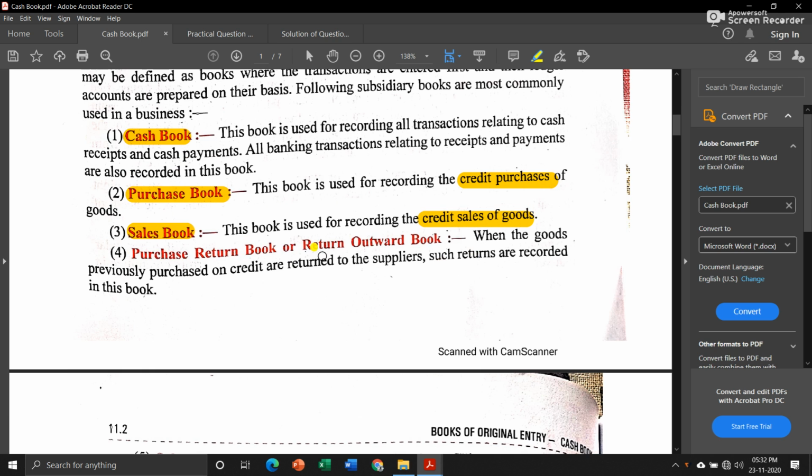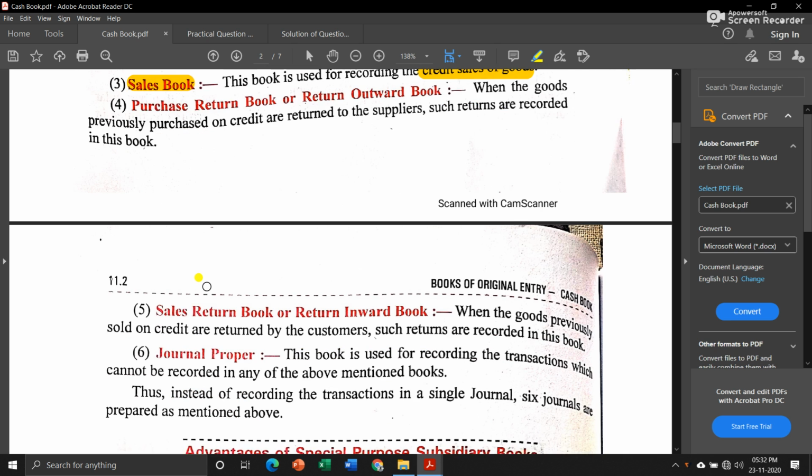Then purchase return book or return outward book: we will record the transactions when we purchase goods on credit, and if we return them to the supplier, at that time we will record it in purchase return book. Remember, in purchase return book we will record only those transactions related to credit purchase, not cash purchase.